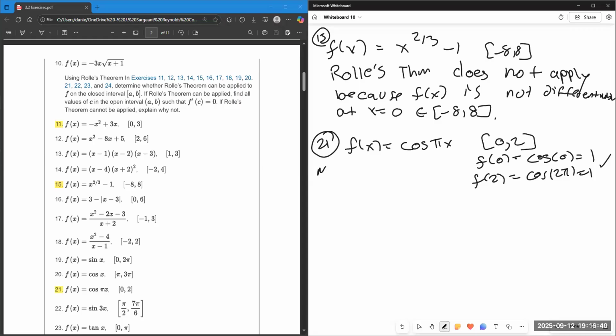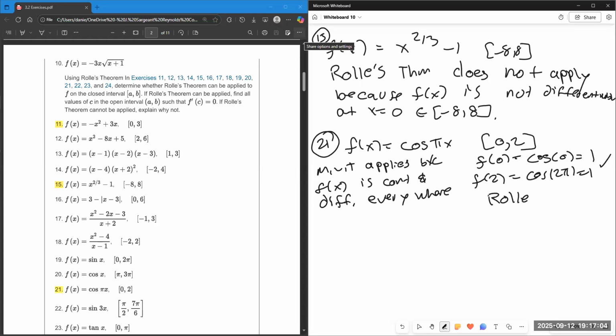And the mean value theorem applies because f of x is continuous and differentiable everywhere. The graph of cosine is a smooth curve. So that means Rolle's theorem applies.